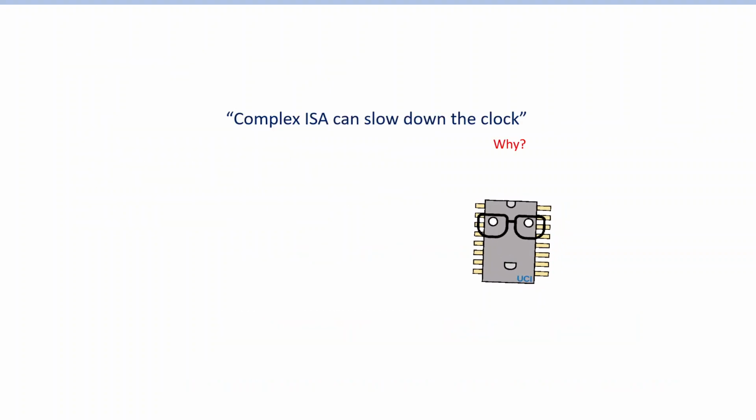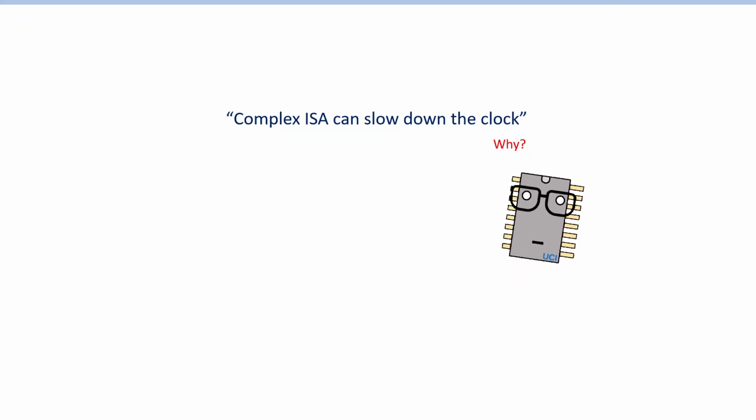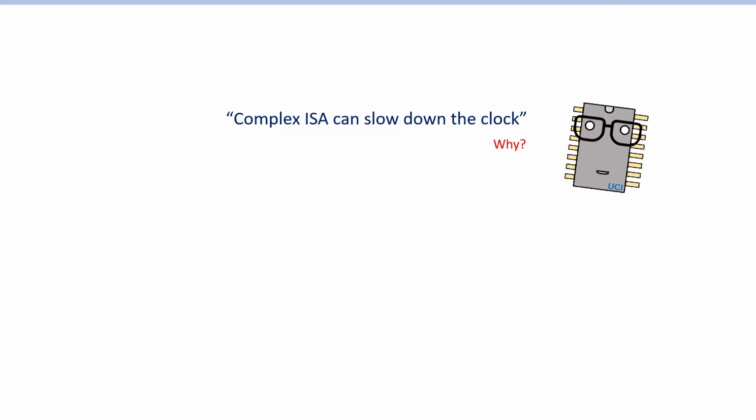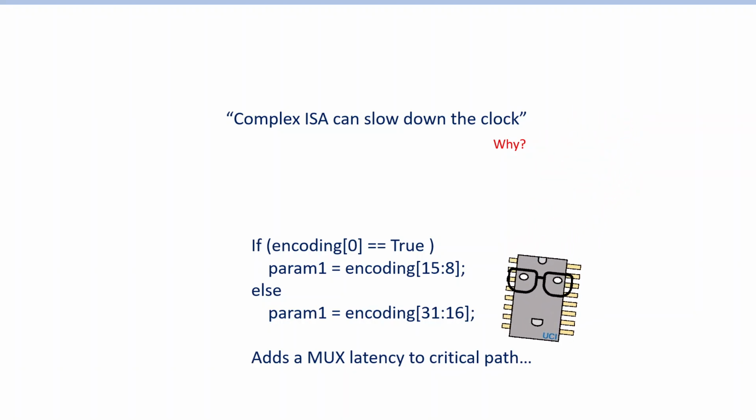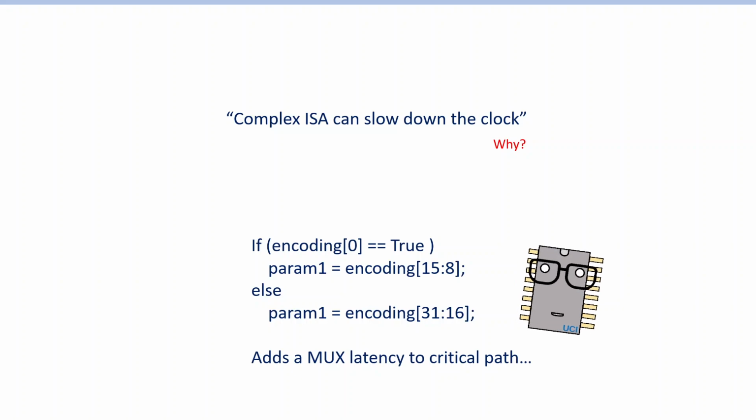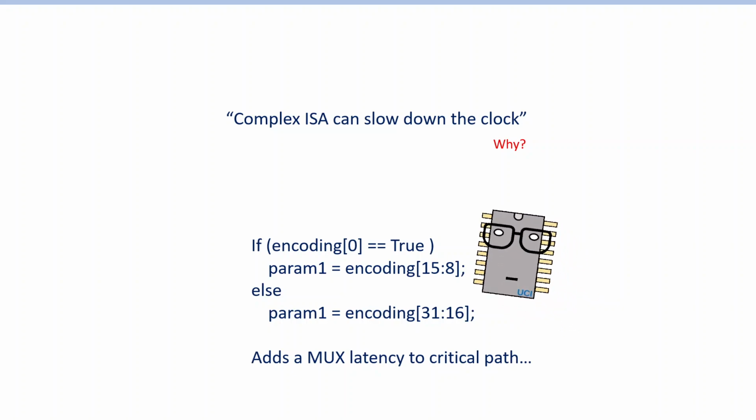So now we can answer the question of why a complex ISA slows down the clock. If the ISA is complex, for example, here I show an example where the same parameter can be encoded in different positions of the instruction, and where it's encoded depends on a different encoding.